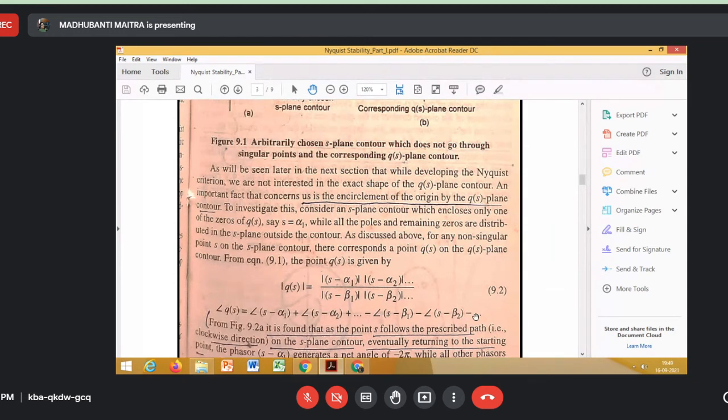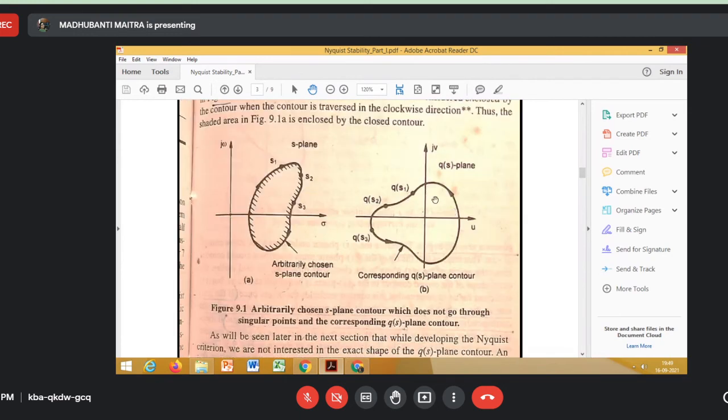Now, when we'll discuss Nyquist criterion, we'll find that we are not actually interested about the shape of the QS plane contour. This is our QS plane contour, and we are not at all concerned about the shape of the contour, right?